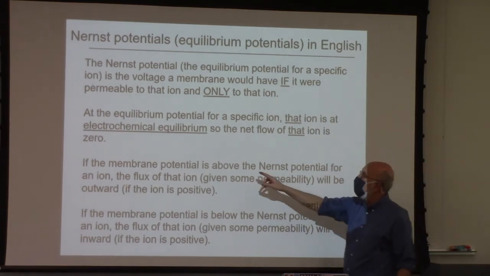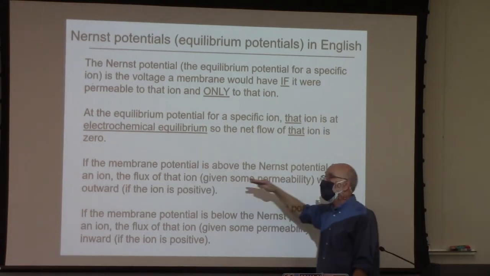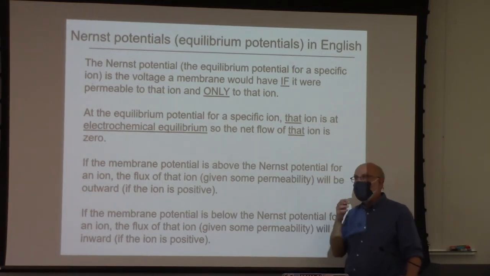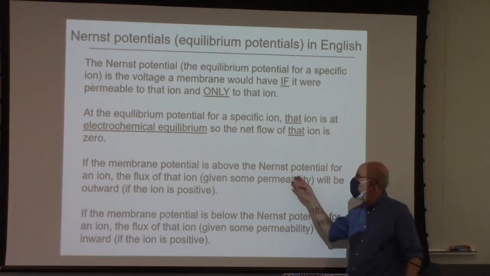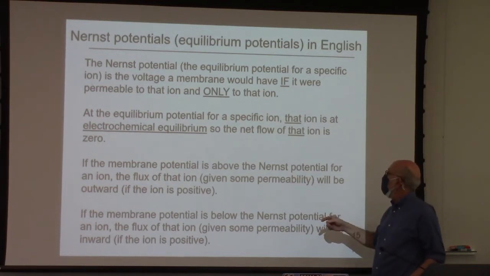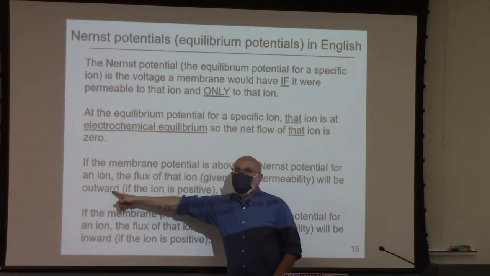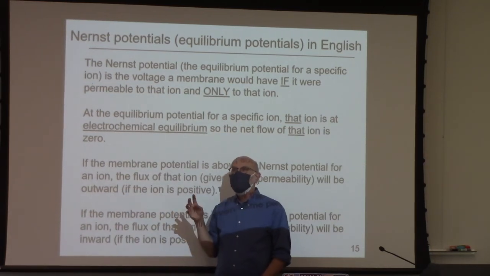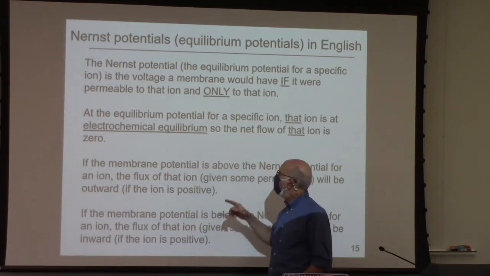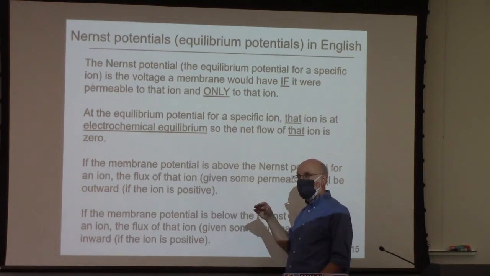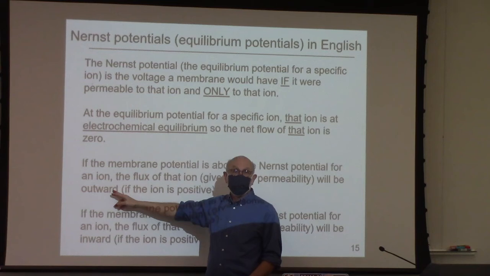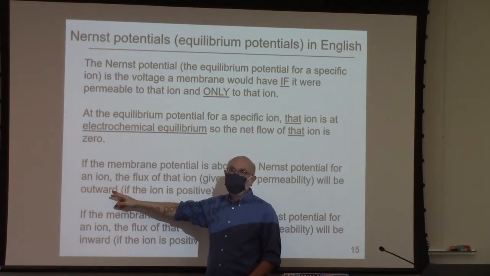If the membrane potential is above, more positive than the equilibrium potential for that ion, we get outward flow. If the voltage on the inside is more positive than the equilibrium potential, that will allow outward flow of the ion.